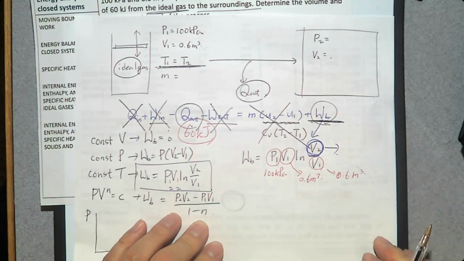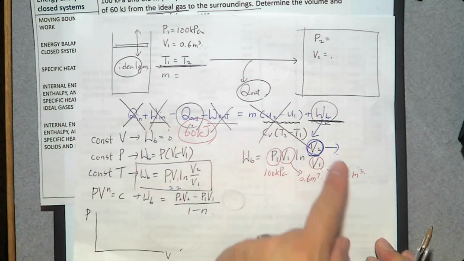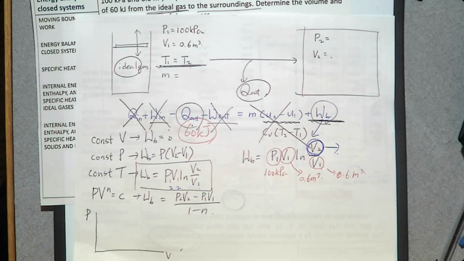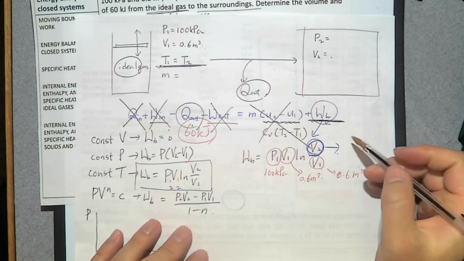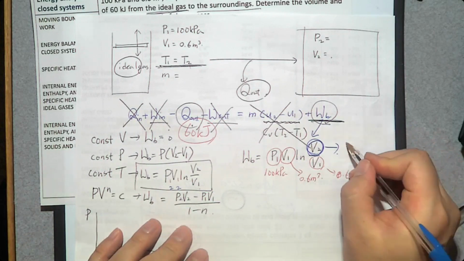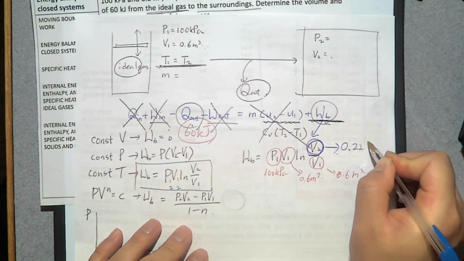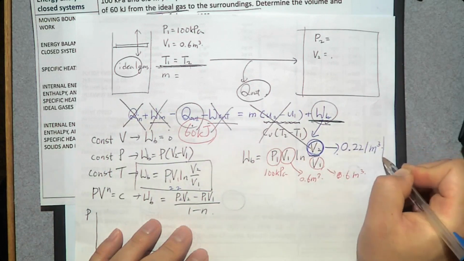Can you determine V2? Yes, you can, right? We have everything but V2. So if you do, V2 is 0.221 cubic meters.